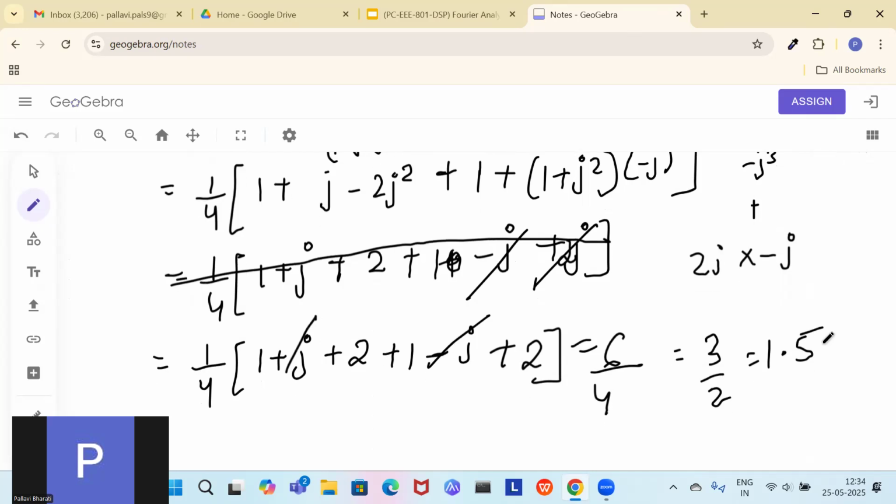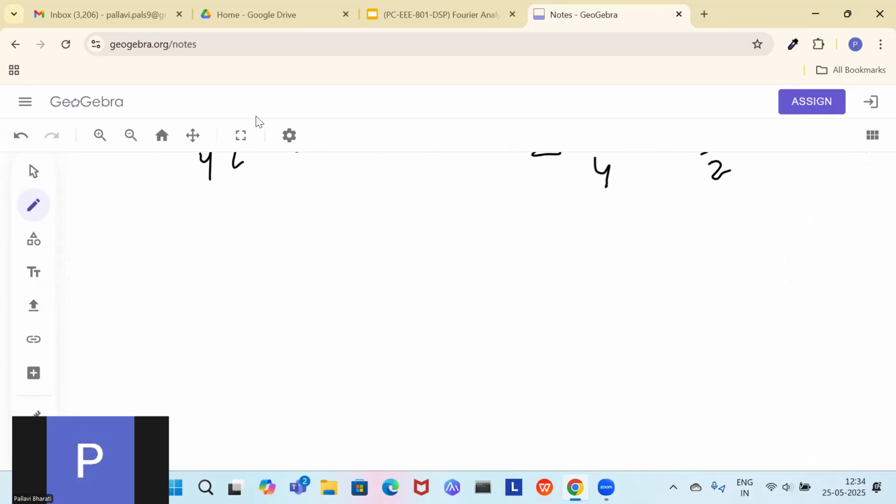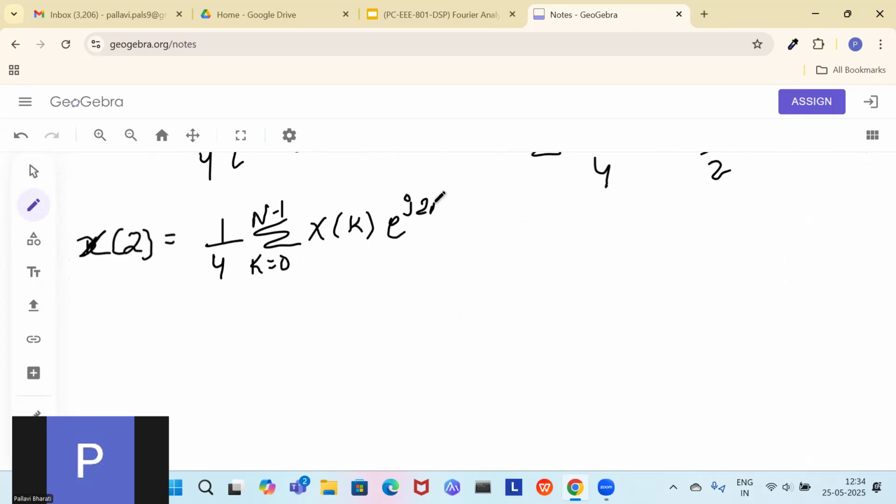Same way, let us take out x2. X2 means the signal at n equal to 2 by doing the inverse discrete Fourier transform. So 1 by 4, sum over k equals 0 to N minus 1, X of k e to the power j2 pi k n by capital N. Okay.